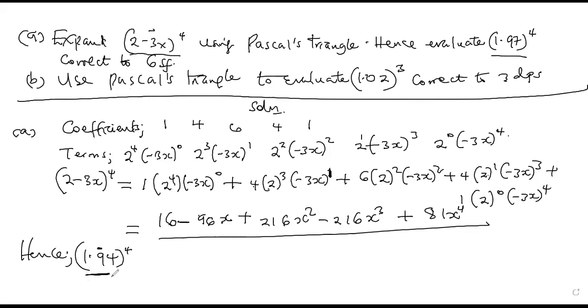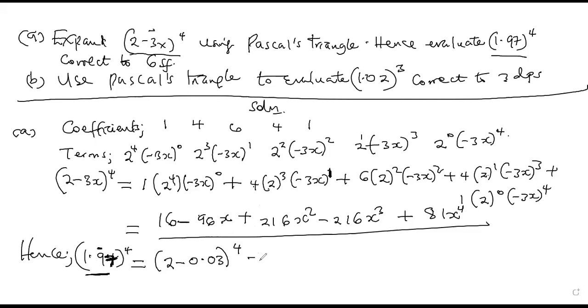It is the same as 2 minus 0.03 to the power 4. You must make sure that the figure inside the bracket here takes the form of what is written here.